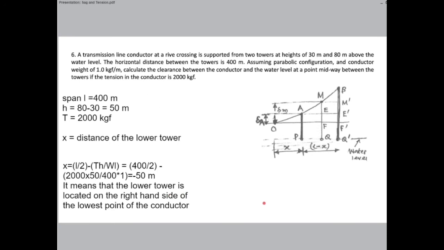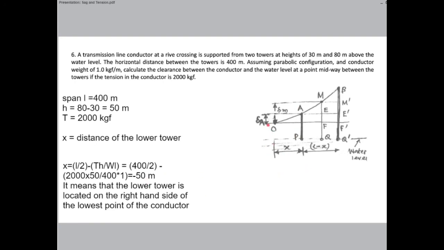The lowest point of the conductor is always O. That's what we started with when we started learning about the conductor supports. The lower tower is located on the right hand side of the lowest point O, and the distance x is minus 50.